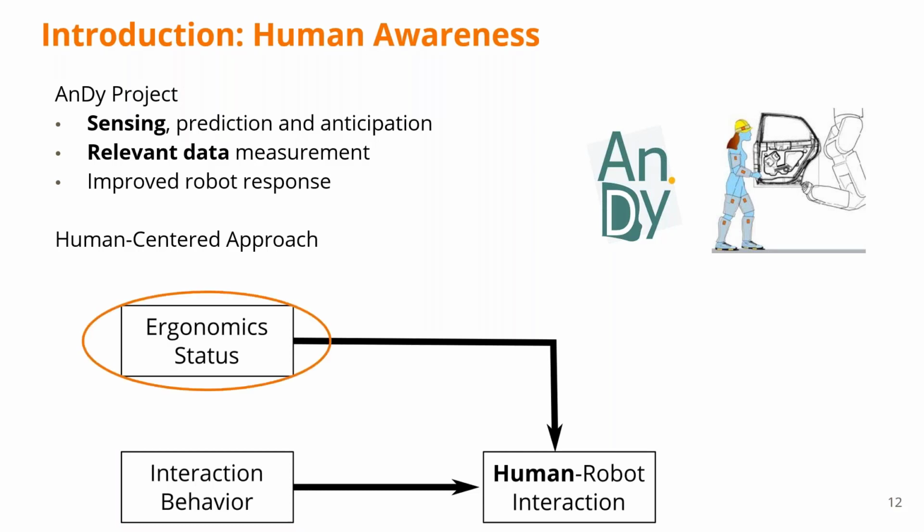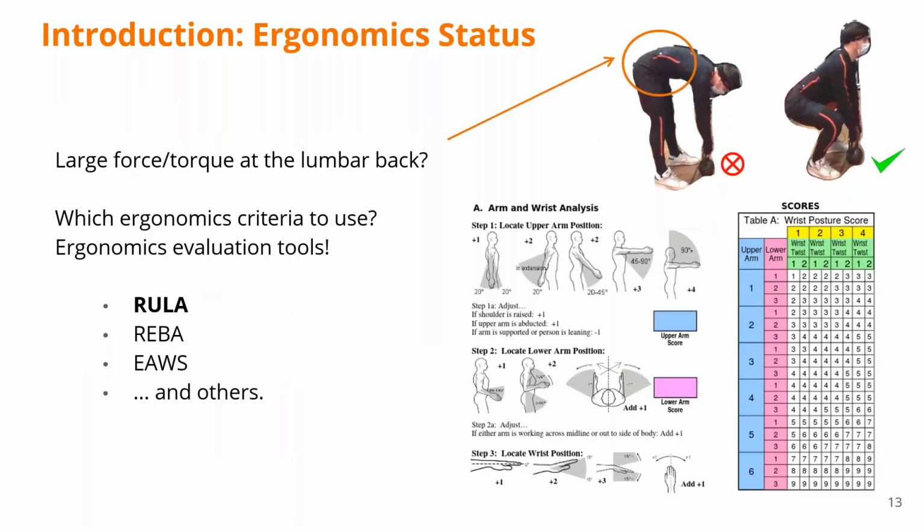Now, we're going to take a closer look at the ergonomics status measurement, or estimation. On the top right of this slide, we can see two very different strategies of motion to lift a heavy object from the ground.